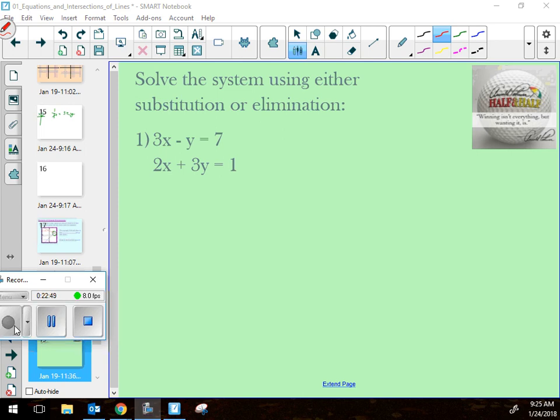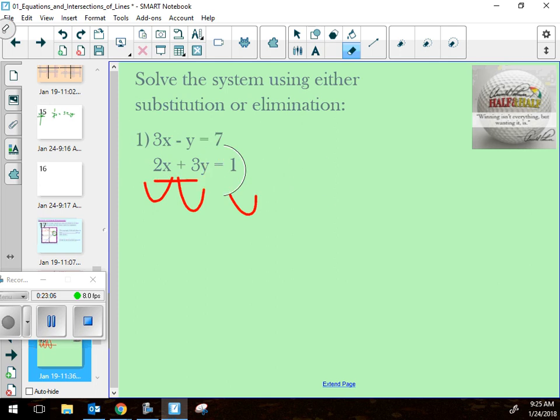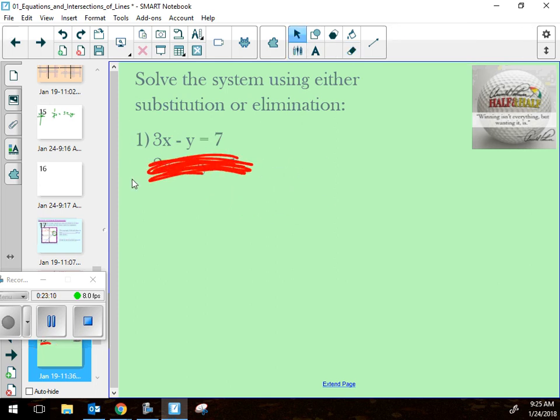All right, watch. If I simply add straight down, I add these, I add those, and I add these, it's legal to do that. You might think, why is it legal? Do you agree that if I wanted to add 1 to both sides of this equation, that would be legal? You can add anything you want as long as you do it to both sides, right?